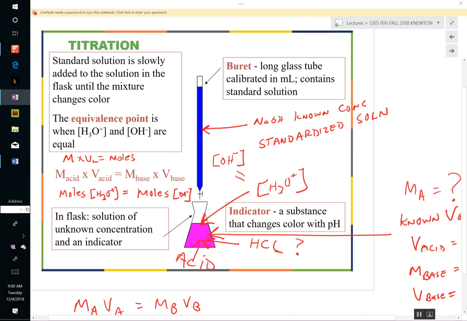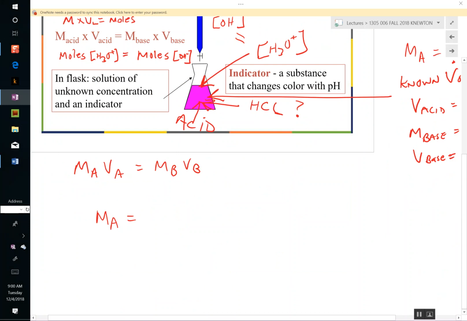So you have to divide both sides by VA. So this is going to be the molarity of the base times the volume of the base over the volume of the acid.